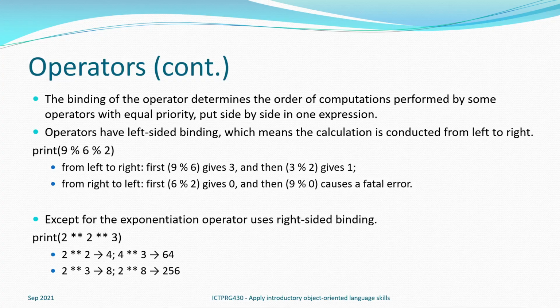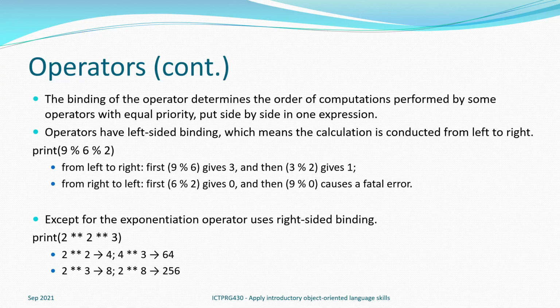So if we look at the first example here, print 9 remainder 6 remainder 2 gives us two very different outputs. If we do left to right, the first equation is 9 remainder 6, which gives us 3. Then 3 remainder 2 gives us 1.